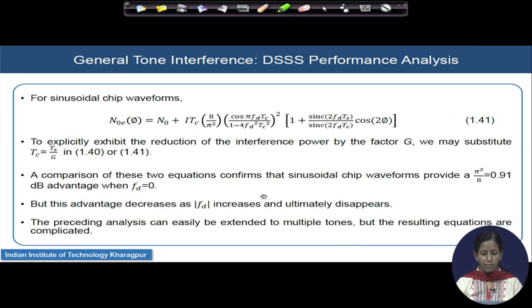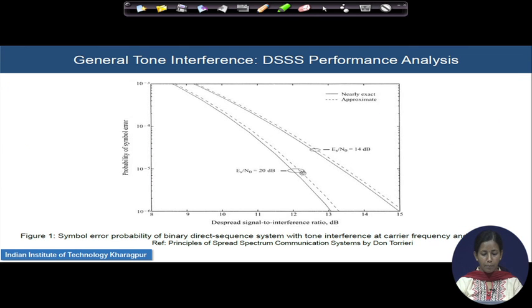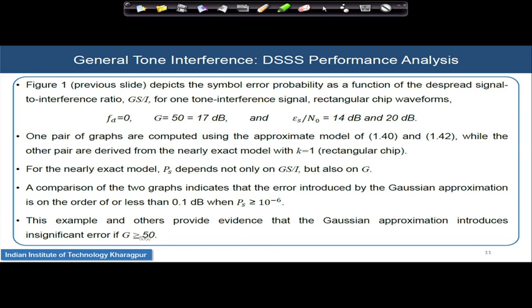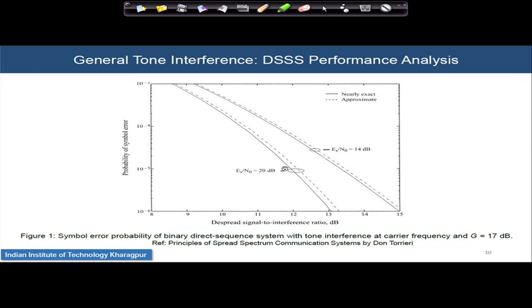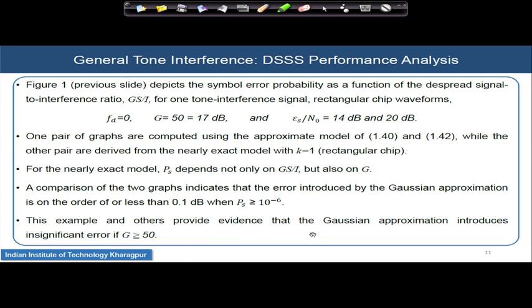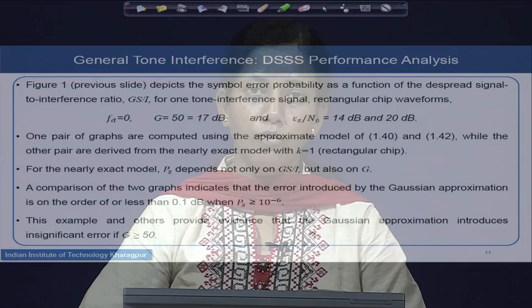So, the approximation that we have done over capital G, and hence the error probability we have derived, will have a much larger difference compared to the nearly exact situation. Experimentally, it could be found that for G greater than or equal to 50, both the graphs will be close to each other. So, the conclusion is that to hold the Gaussian approximation, choose the processing gain at least greater than 50.